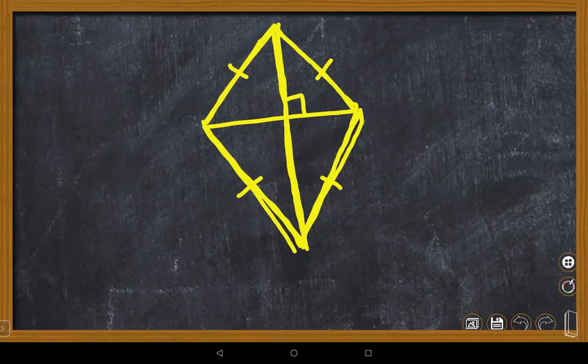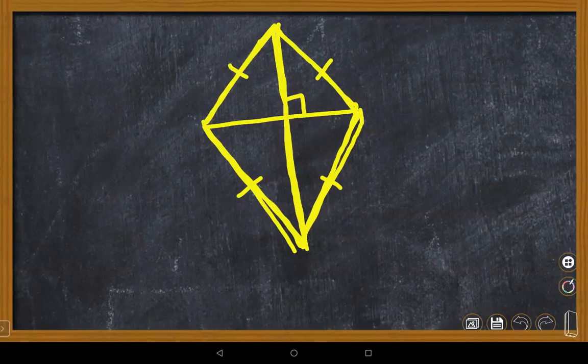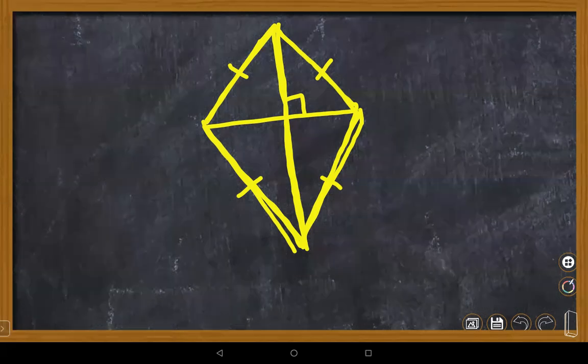Not only that, all sides are equal, as you said. Are all angles equal? No, ma'am. All angles are not equal. Children, please remember that. Opposite angles are equal.